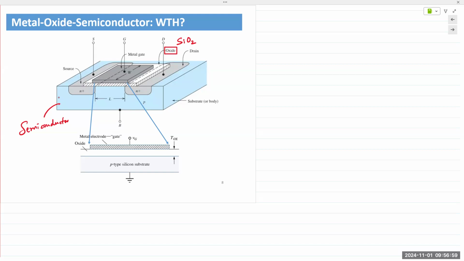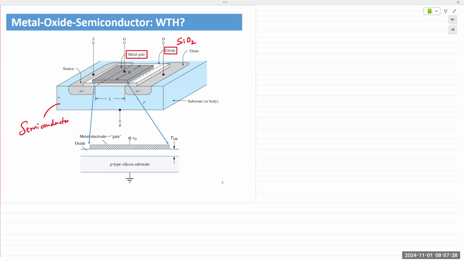So in this case, you have a semiconductor material, you put an oxide layer on top, and then that oxide layer electrically isolates the semiconductor and the gate, which is made from a metal material that is on top of the oxide. Hence the name, metal oxide and semiconductor, MOS.